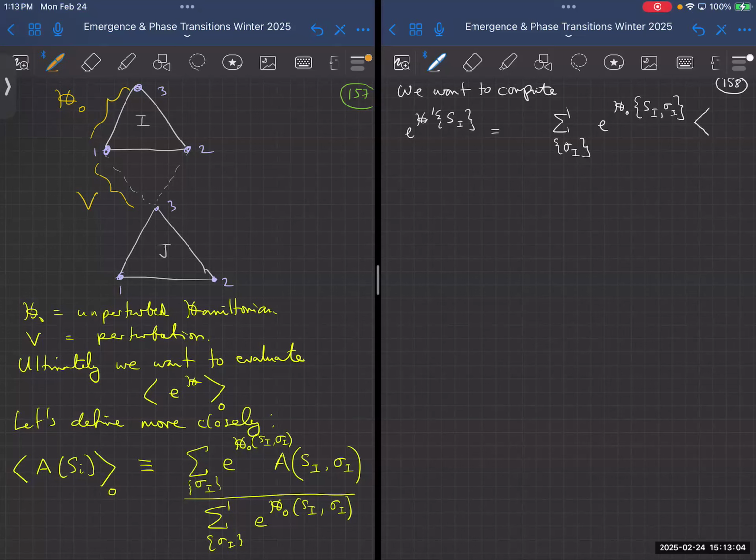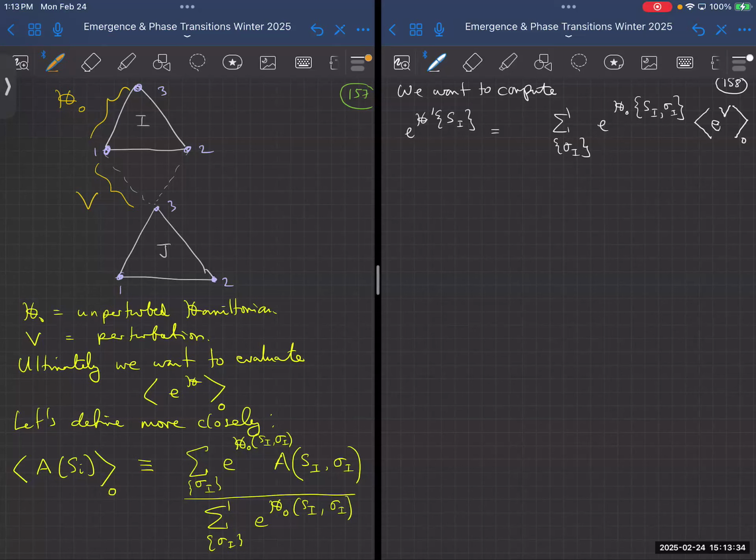And so I'm going to compute that with respect to the partition function, with respect to the unperturbed Hamiltonian. So that's the quantity that we want to compute. And what we're going to see is that this quantity, expectation of e to the v, the perturbation, we will then expand in what's called the cumulant expansion. So I'll get to that in just a second. So that's the basic idea.